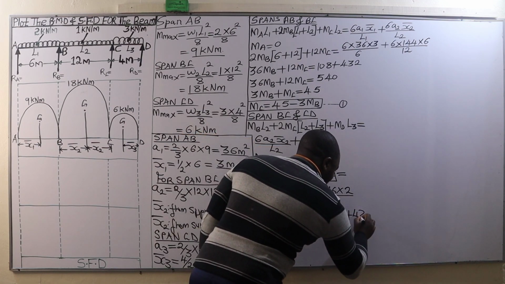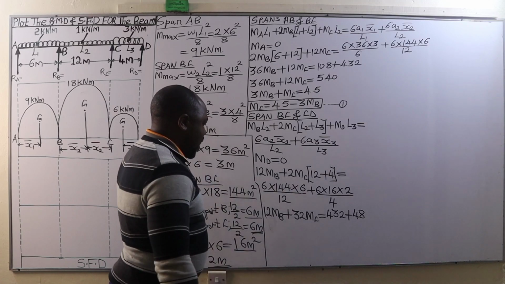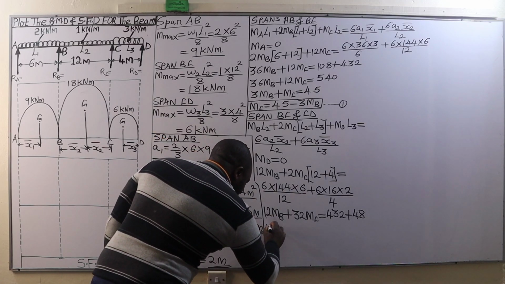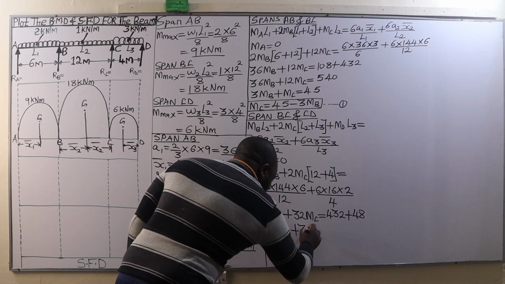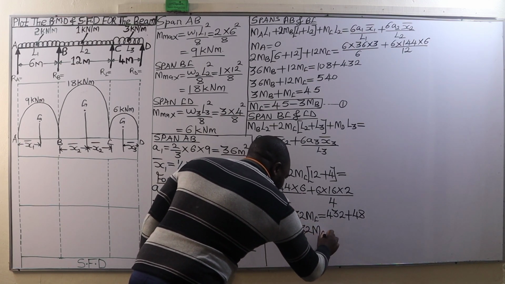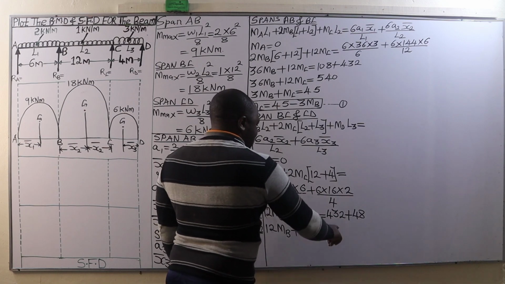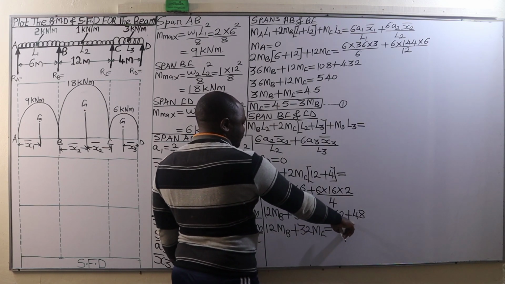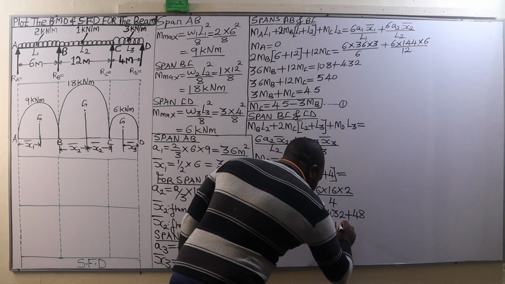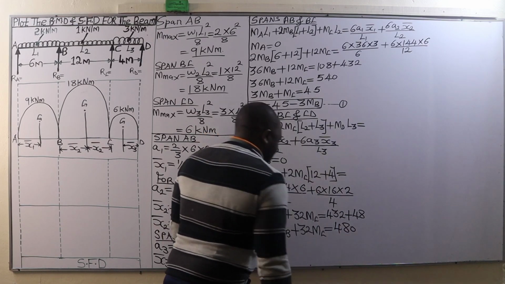So we add 48. And this is going to lead us to 12 MB plus 32 MC, which will be equal to 432 plus 48, that is 480.